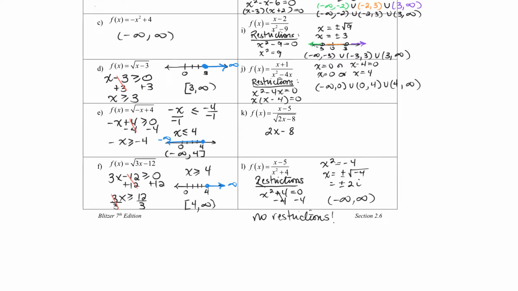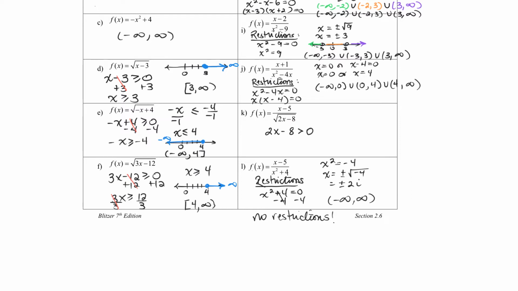Because that radical is in the denominator, I have to remove the possibility of it being equal to 0, right? So if I solve this inequality, 2x minus 8 is strictly greater than 0, then I will be taking care of both the possibility of imaginary roots and division by 0.